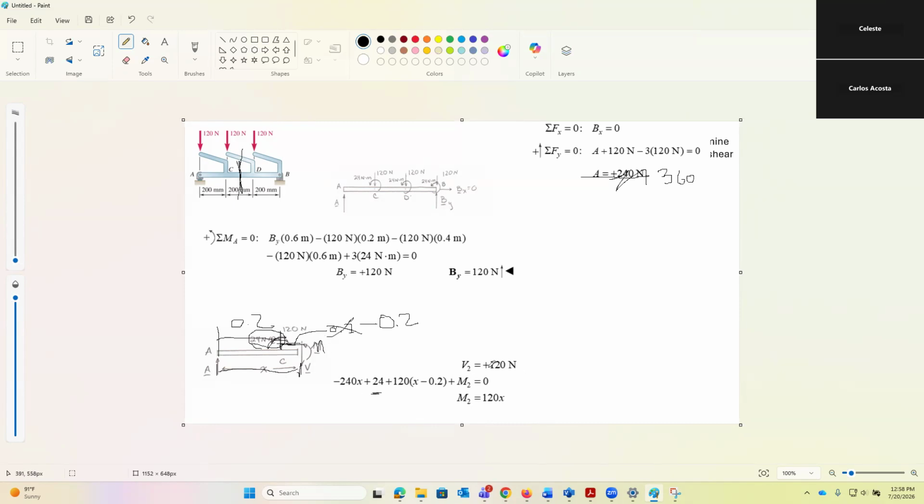And since I had a typo, I don't think this is going to be 240 anymore. It's going to be 360. Yes, so negative 360. All right, so this is wrong, this is whatever the new solution is. Okay.